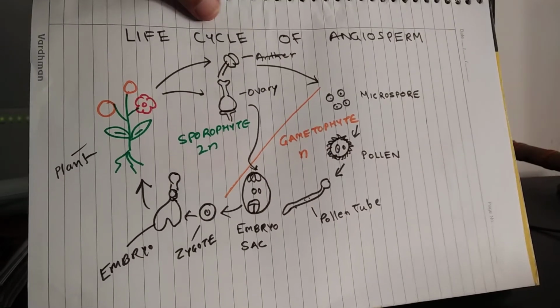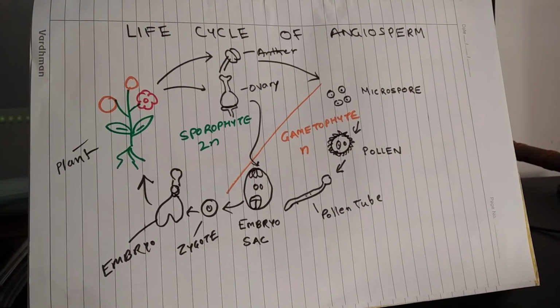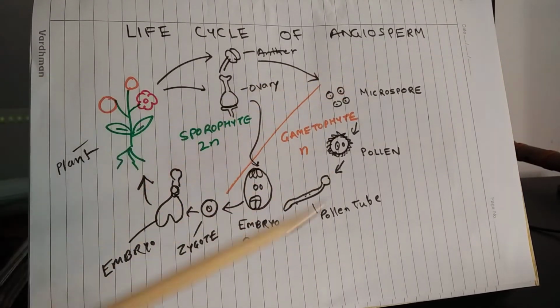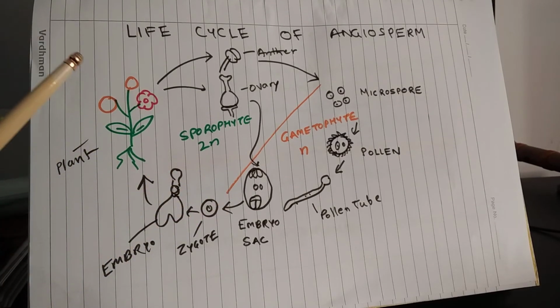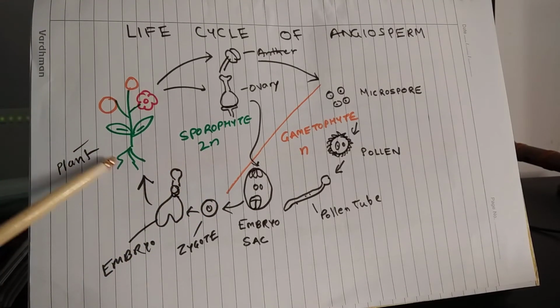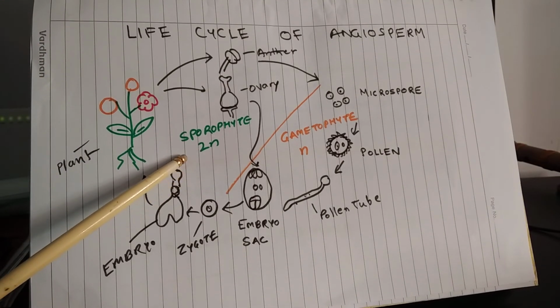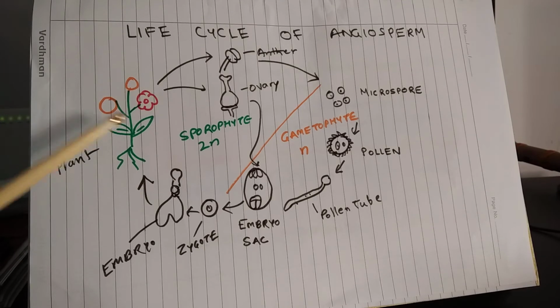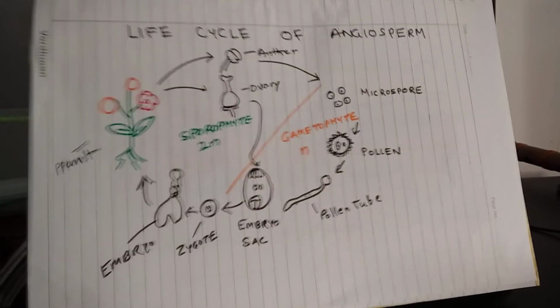This diagram shows the life cycle of an angiosperm. You can see alternation of generations here. This is the gametophyte phase, this is the sporophyte phase. The sporophyte phase is dominant, independent and photosynthetic. So, the plant which we see is the sporophyte with diploid ploidy. The plant bears flowers, and the flowers bear anther and ovary.